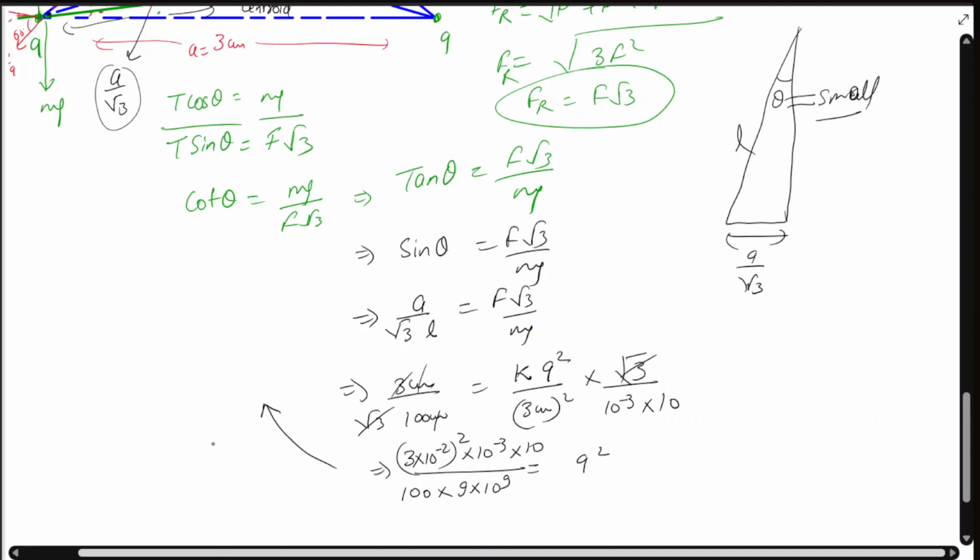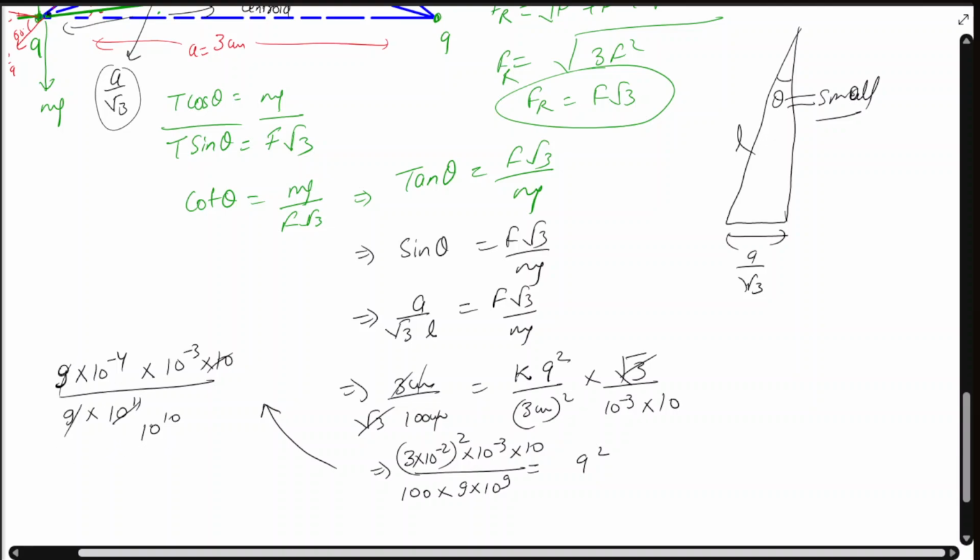Solve it here now, shall we? So it will be 3 square, 9 into 10 raised to power minus 4 into 10 raised to power minus 3 into 10, divided by 9 into 10 raised to power 11. I can write it like this. So it will be 10 raised to power 10.